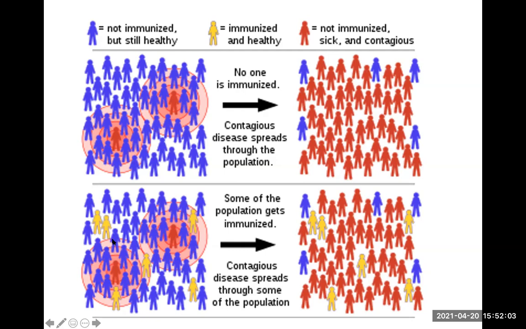Gradually more and more people are getting vaccinated, but there's still the majority of the population that are not vaccinated and a chunk of people who are contagious. And so you still have the issue of the majority of the population being sick. So this is where we're at right now with COVID. There's a few people not sick, right? It decreased a little bit, but not much.